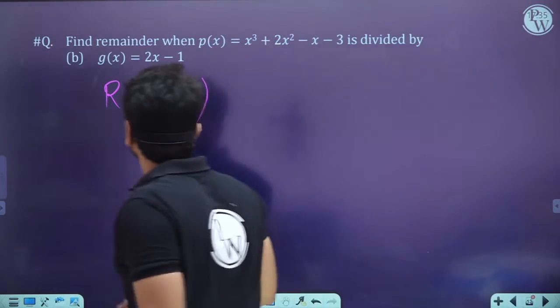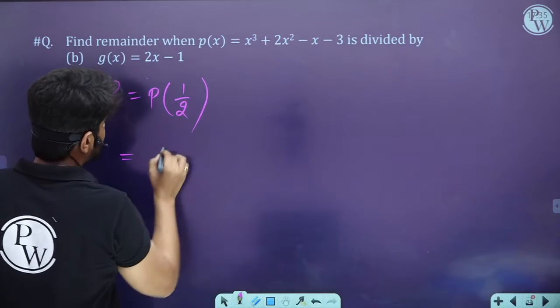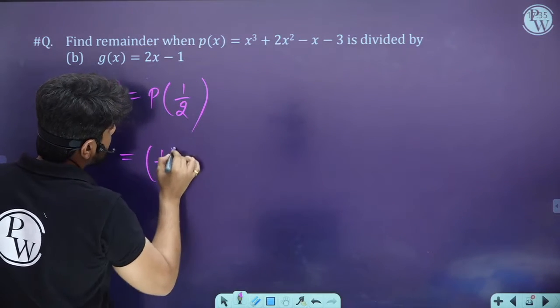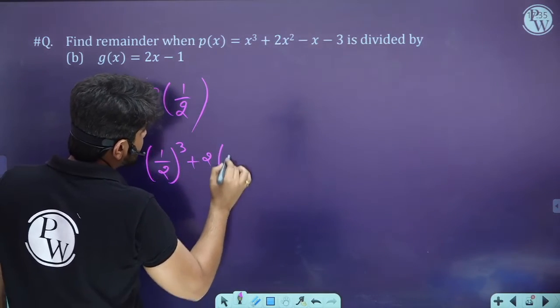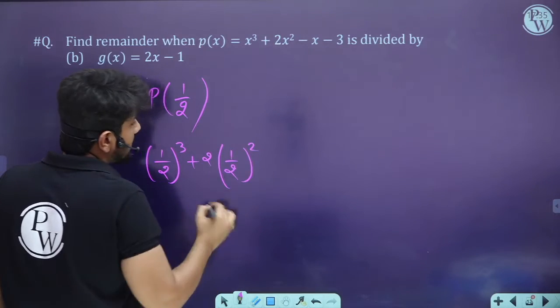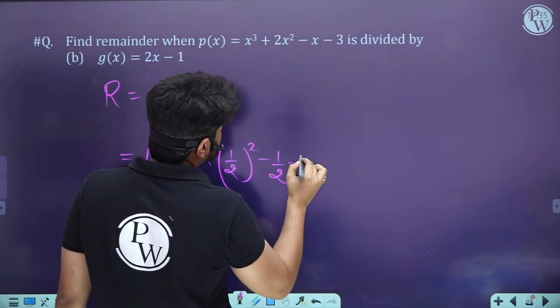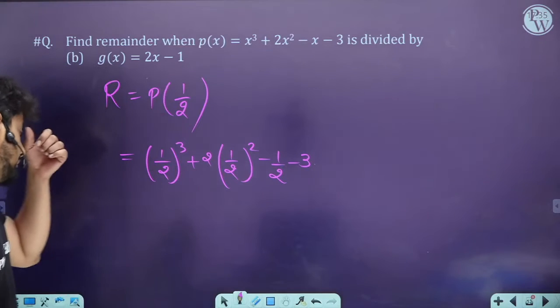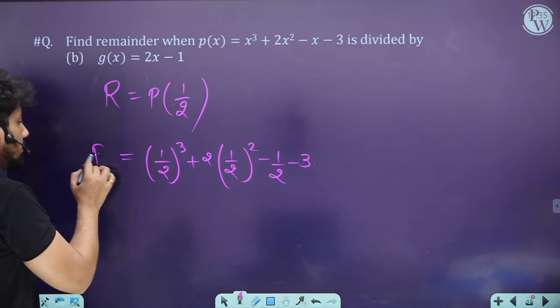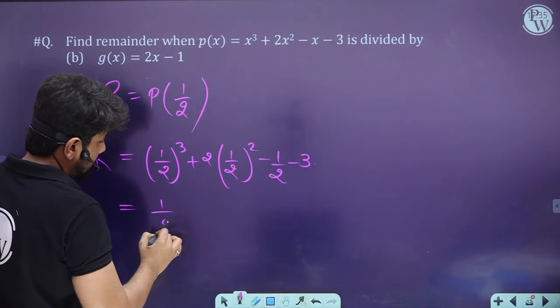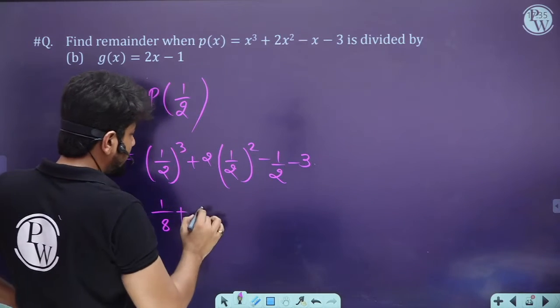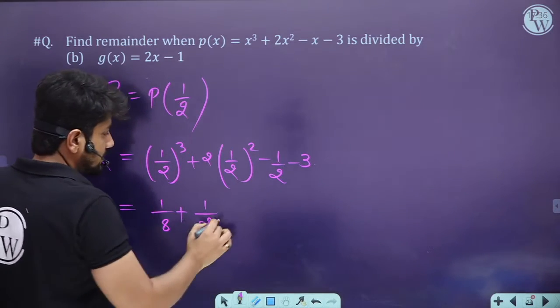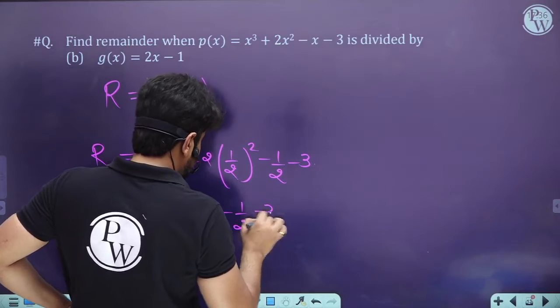So if I put the value for x as 1 by 2, I'm getting 1 by 2 cube plus 2 times 1 by 2 square minus 1 by 2 minus 3. This will be our remainder, which is 1 by 8, plus 2 times 1 by 4, which is 1 by 2, minus 1 by 2, minus 3.